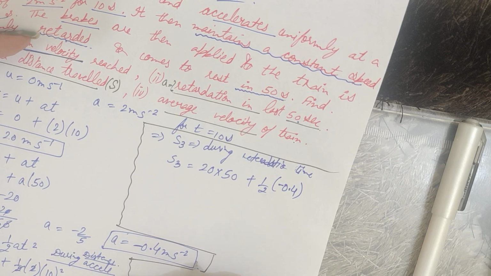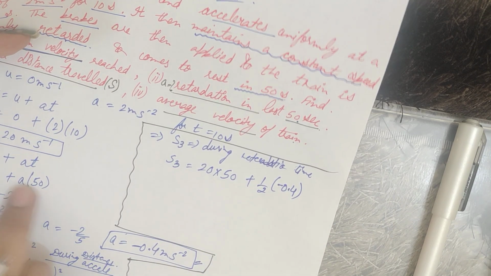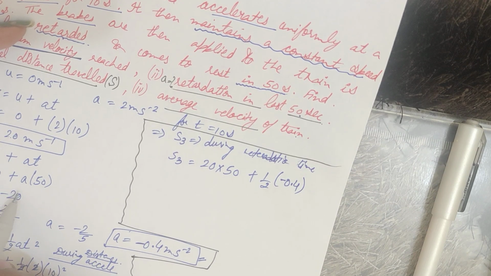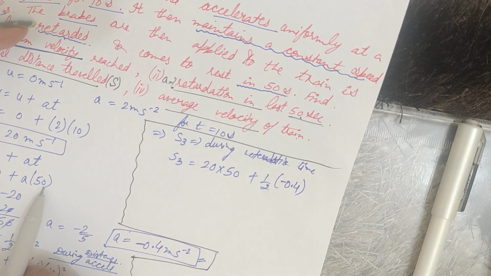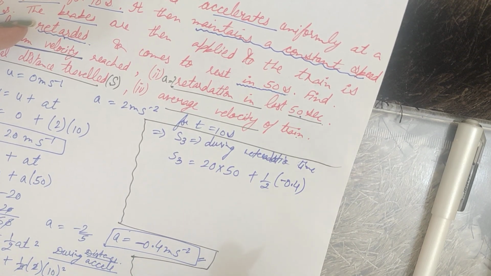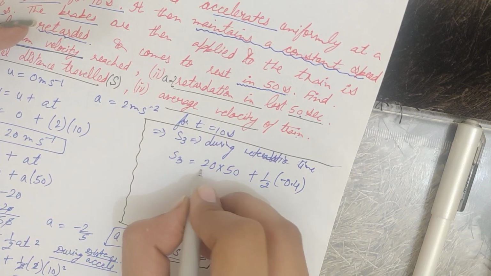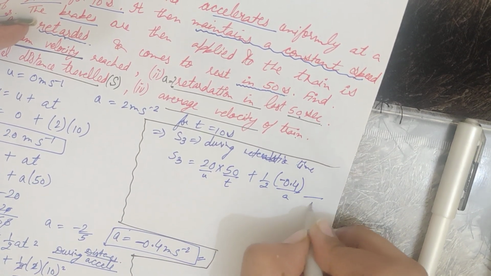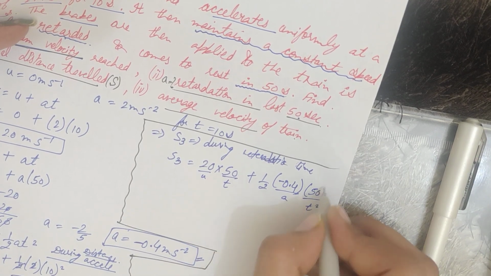This a we will use here for the last 50 seconds. The a we just found in the second point: for the last 50 seconds, a is minus 0.4. S is equal to ut plus half a t square, where t is 50 seconds.